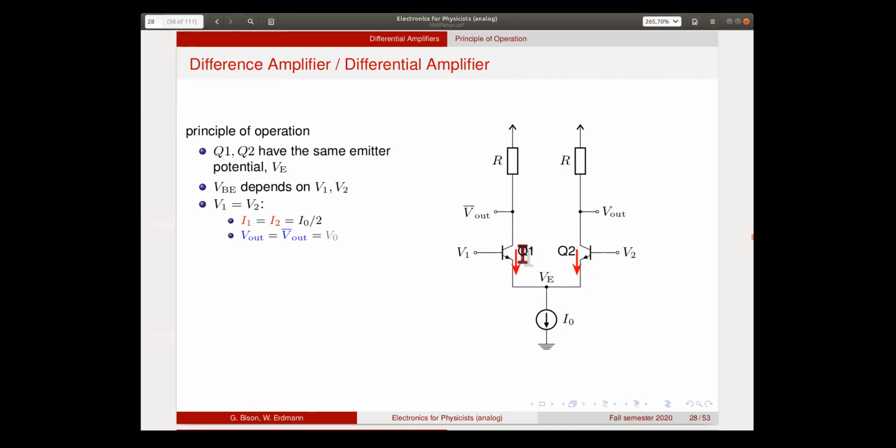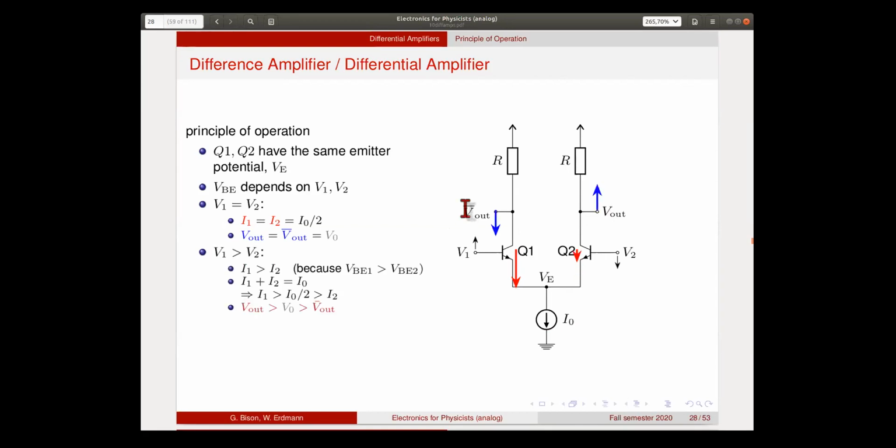If everything is perfectly symmetric, each of these currents is the same. So the same current flows through these two resistors, which means that the output and inverted output will be the same. We call this the offset voltage V0.